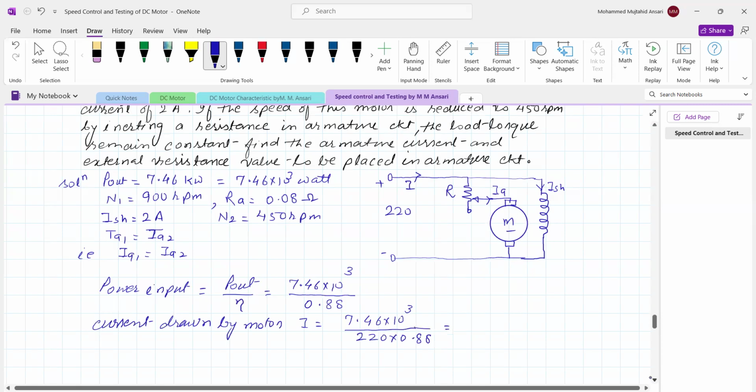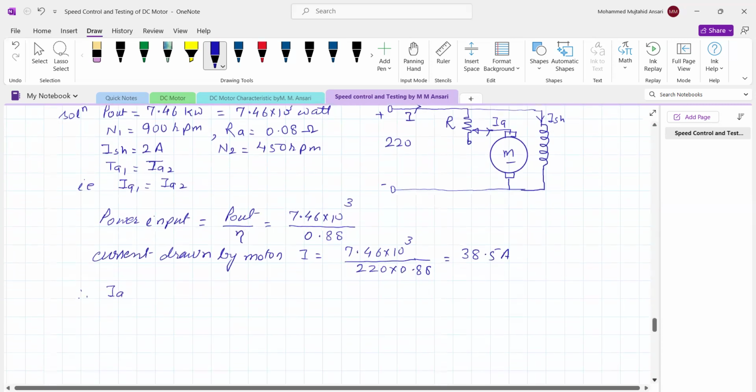So the total current is 38.5 ampere. 2 ampere is going to flow through the shunt field winding. Therefore, armature current IA1 is equal to 38.5 minus 2, it is 36.5 ampere.